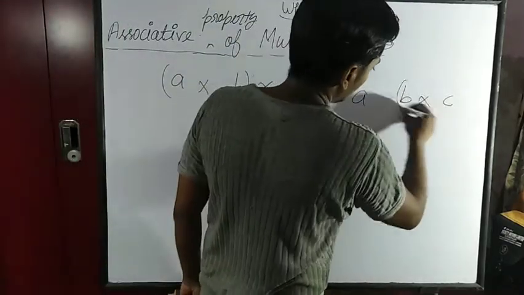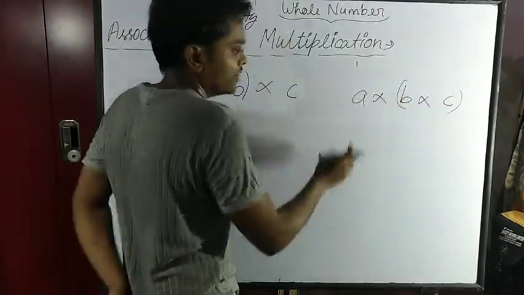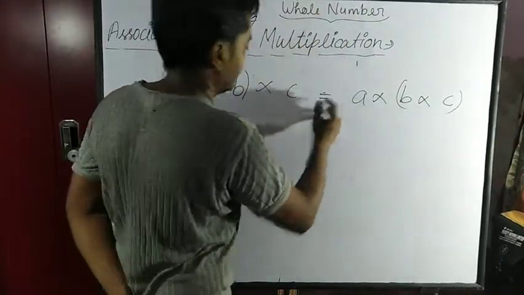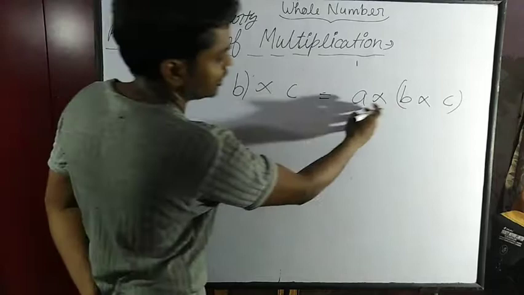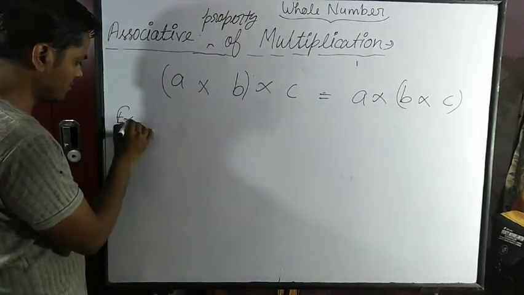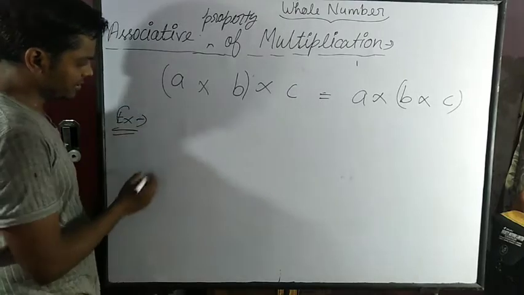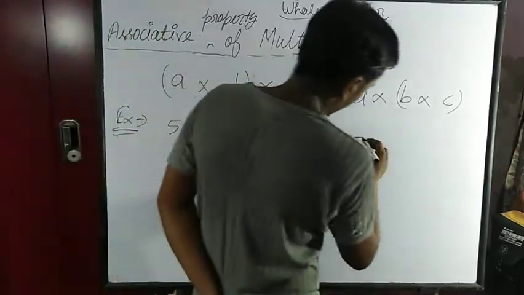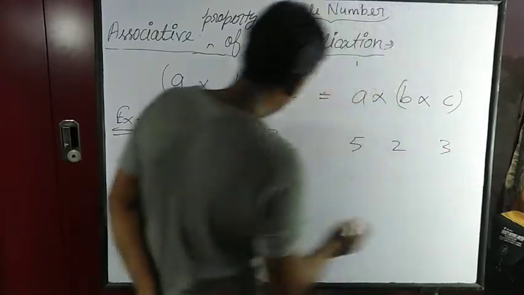Again, b into c is a group, and whatever the result of this group is will be multiplied with a. So (a into b) into c equals a into (b into c). Now we will see an example: 5, 2, 3, and again 5, 2, 3.